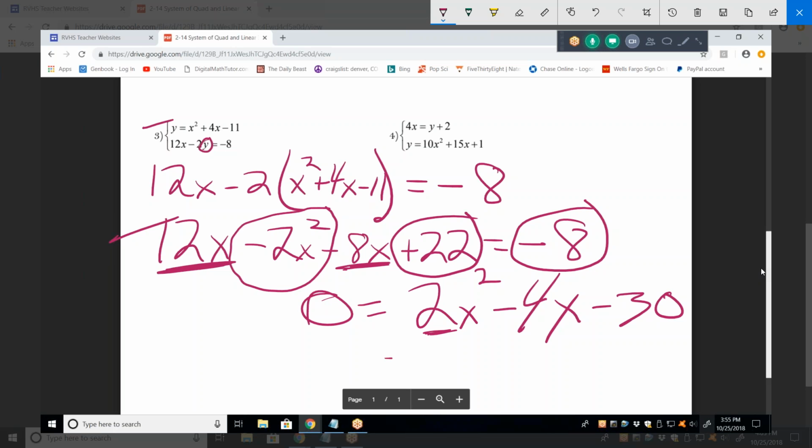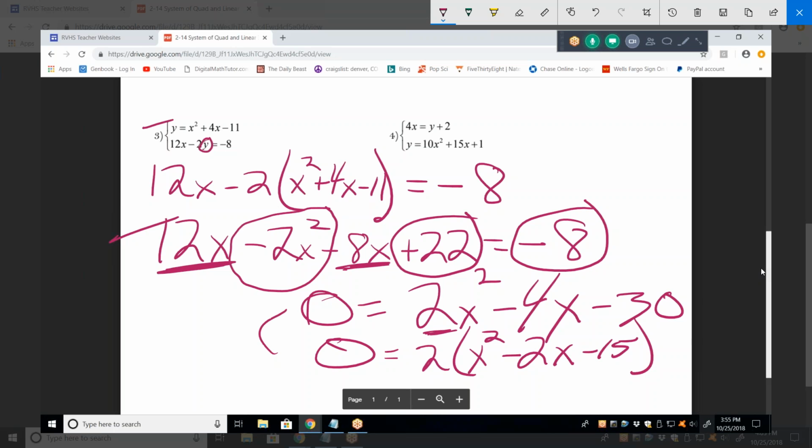So 2 times (x squared minus x minus 15). That's how you factor out a 2. The key being that after you factor it out, make sure that you can go back the other way. If I remultiply this together, do I get what I started with?